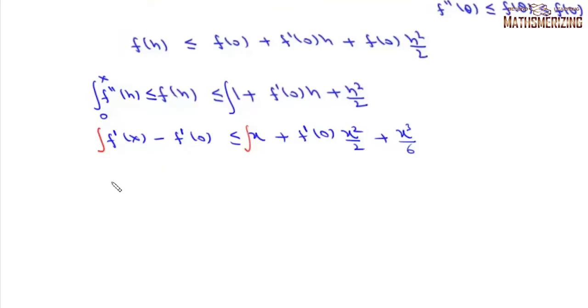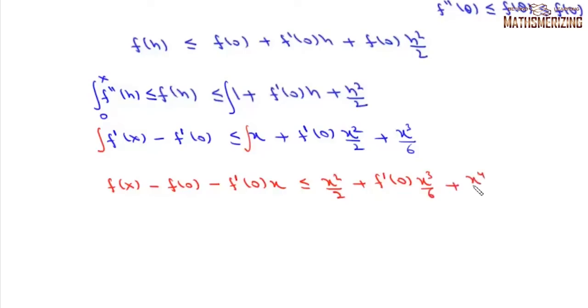Here we will get f(x) minus f(0) minus f'(0)x, and it will be less than or equal to x² by 2 plus f'(0) x³ by 6 plus x⁴ by 24.